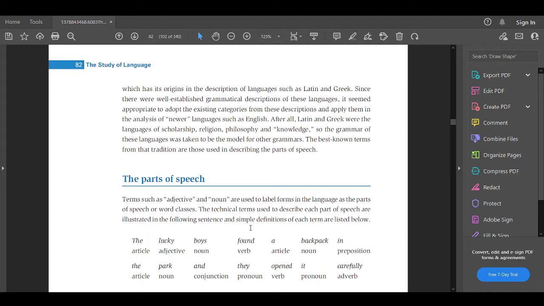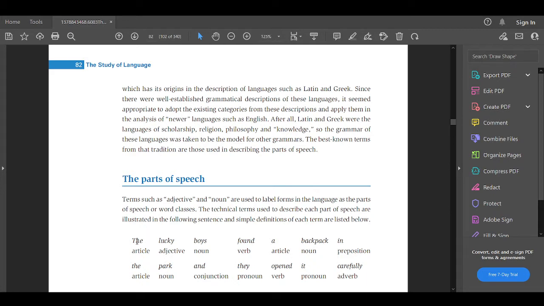So first of all, before we jump to the main thing, we just want to describe words by themselves. If we talk about parts of speech, we have here the famous one, the article. We have lucky, adjective. Boy is a noun. Boys is still a noun. Found, a verb. Article, backpack, noun.